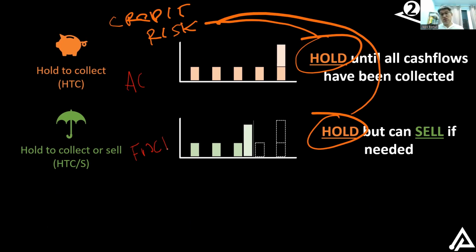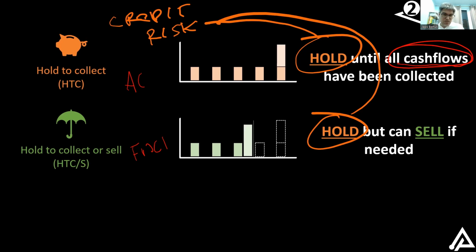Because a portion, you want to hold it, you're exposed to credit risk if that holding results in you not generating and collecting the cash flows. So sa unang section, only those debt instruments are subjected to ECL.